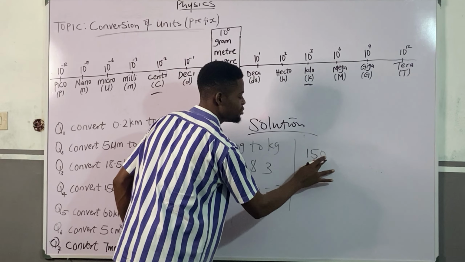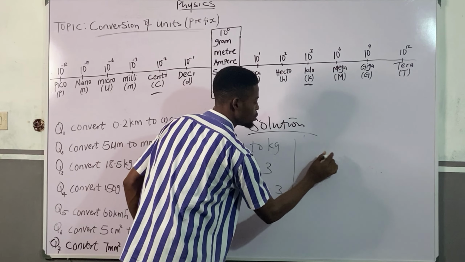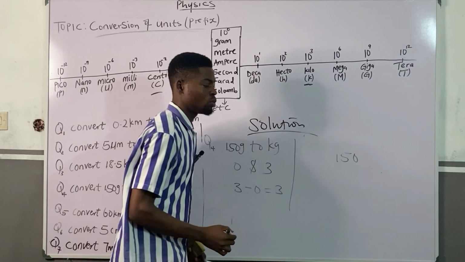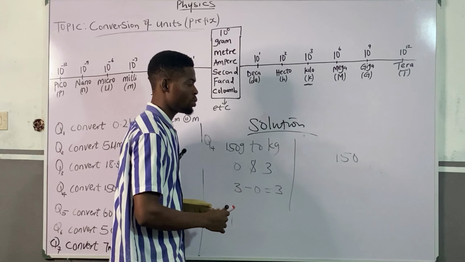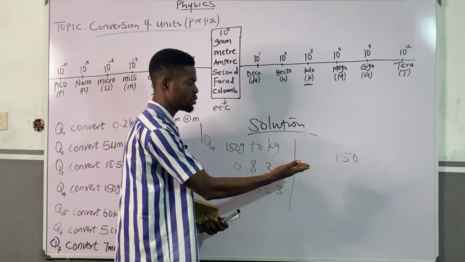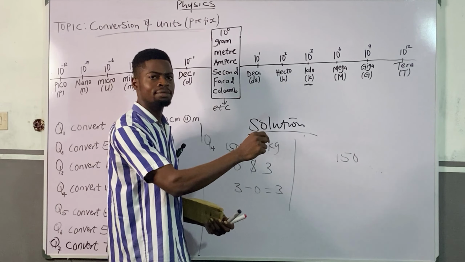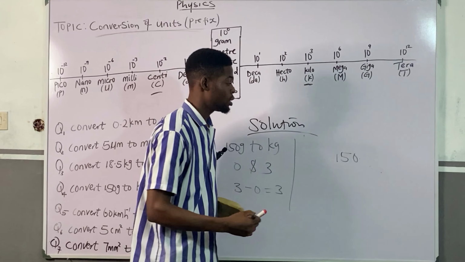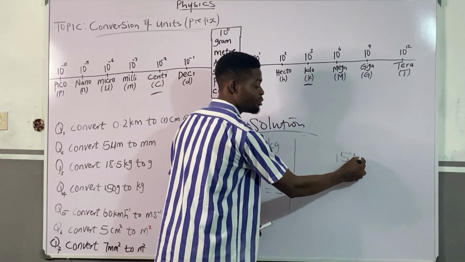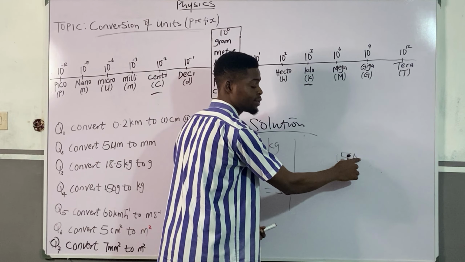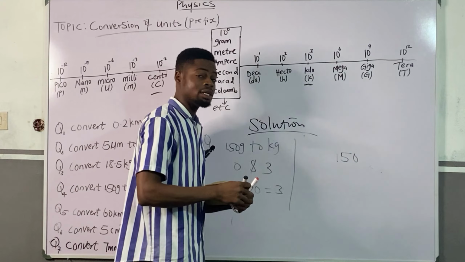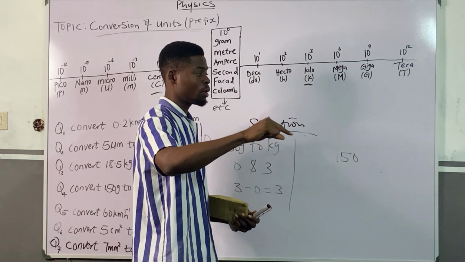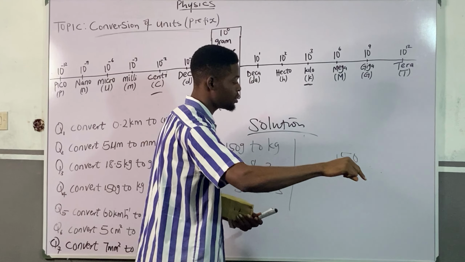We have our 150. So where is our decimal point here? So that we can identify the starting point. When you have a whole number, the decimal point is in front of the number. So it is here.